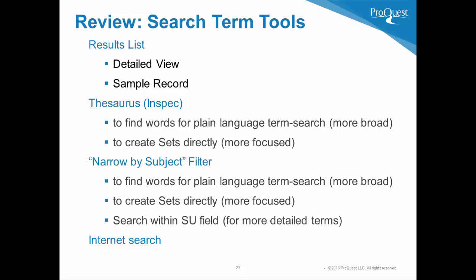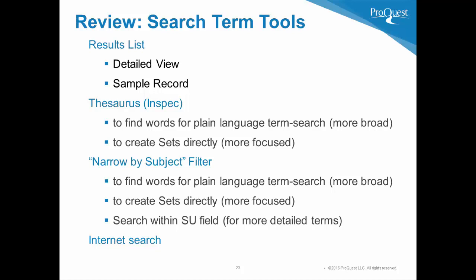The Thesaurus, we found, can be used in at least two different ways. You can use the Inspec Thesaurus either to find words to use in a plain language term search, or you can actually create a search using the Thesaurus in Inspec, which will do a search for specific terms in the exact subject field.